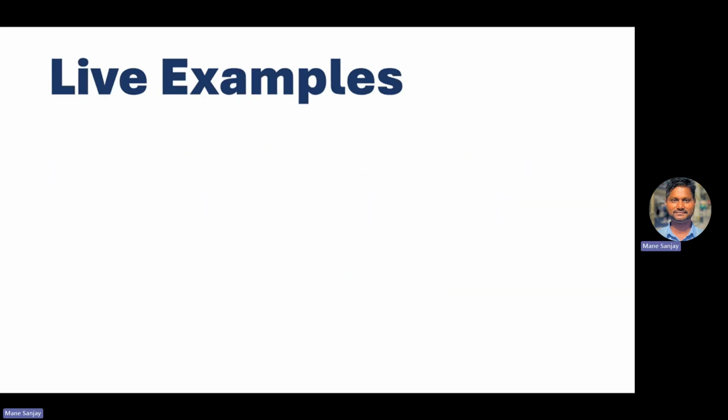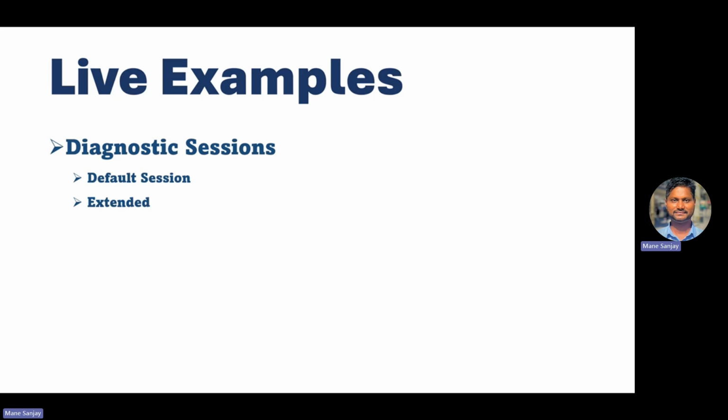Now we are jumping to a live example. Here I'll show you the diagnostic sessions. We'll go to the default session. As the tester requests to enter the default session, we see how you get the positive response from the ECU, and then we'll also see the extended session.